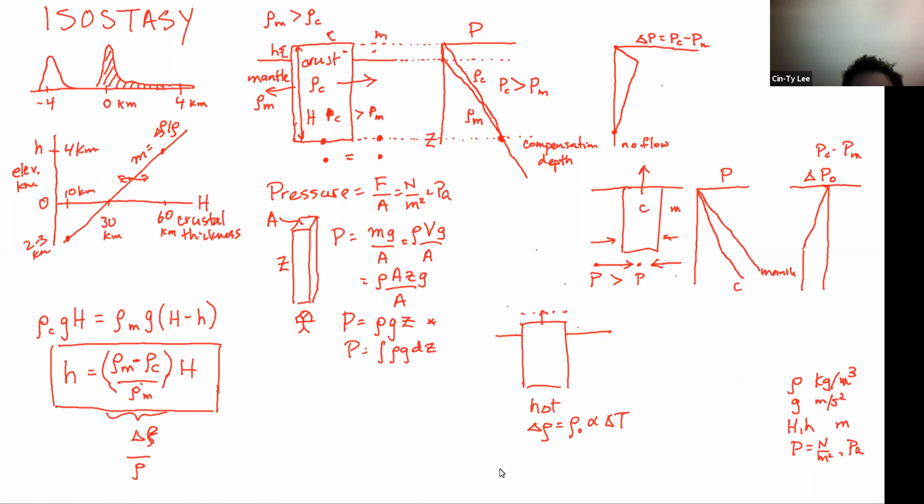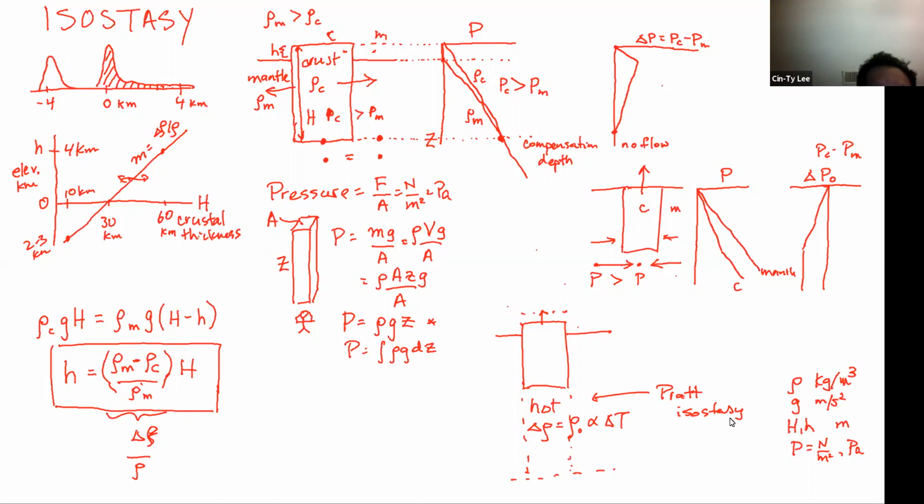You can still solve this in an isostatic approach because you would just put your compensation depth further down to accommodate the hot thermal anomaly. A scenario like this is often referred to as Pratt isostasy, which would be lateral variations in density, either caused by composition or more likely temperature.